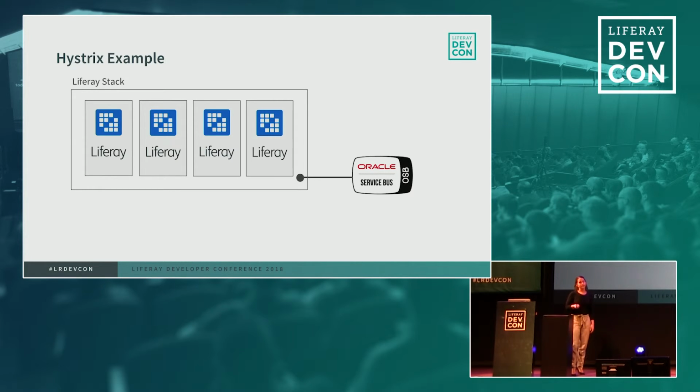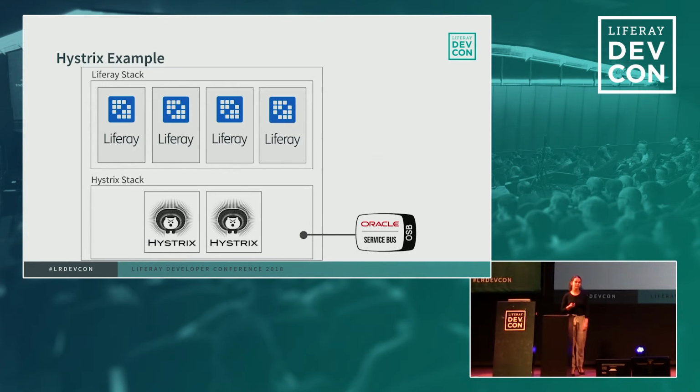And what we did was change it to put Hystrix in the middle of this to control all the requests. So Hystrix will do the job to stop or not the request to the final user.